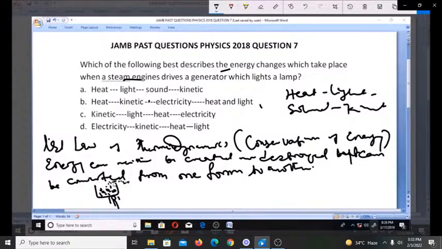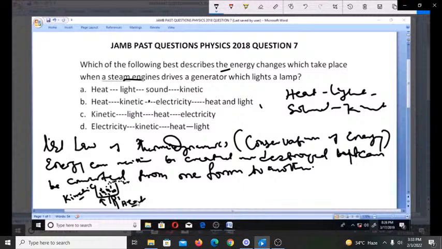So you have kinetic energy coming from the heating. Immediately after applying this heat on this container, this water will turn into steam. You know when a substance moves from liquid to gas, it means that it is gaining kinetic energy. So it gets kinetic energy because of the heat.